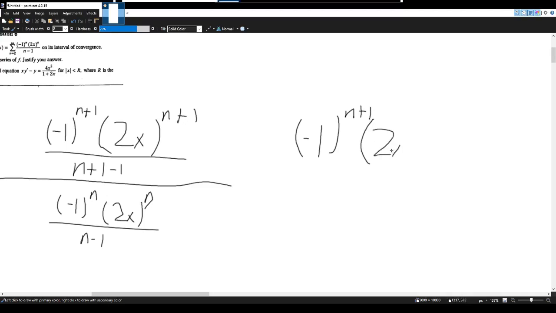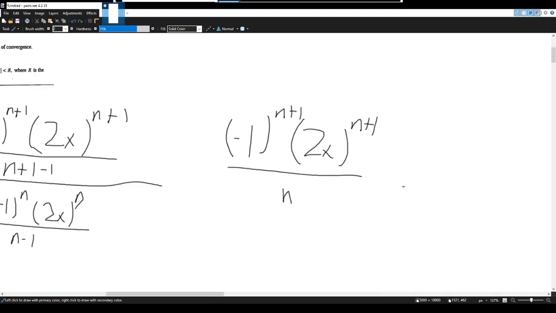And then 2x to the n plus 1 divided by n plus 1 minus 1, which is pretty clearly just n. And then up here we have the reciprocal, so that would be n minus 1 divided by (-1) to the n times 2x to the n.